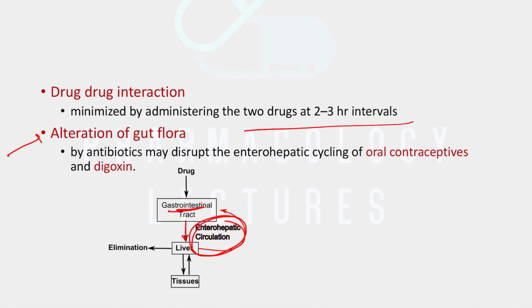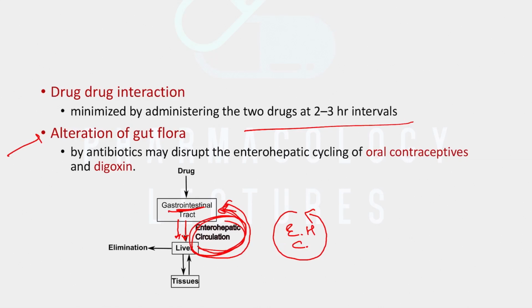From the liver, these drugs again get released into the gastrointestinal tract. From there, again a fraction gets absorbed into the portal circulation, and again a fraction gets released into the tract. So you know the cycle going on from the gastrointestinal tract to the liver and back to the gastrointestinal tract. This whole cycle is called enterohepatic circulation.